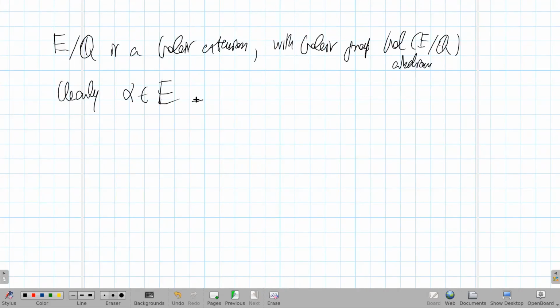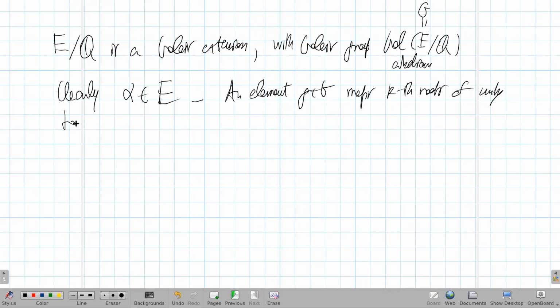Now, an element g of the Galois group, which I will call G, maps kth roots of unity to kth roots of unity.